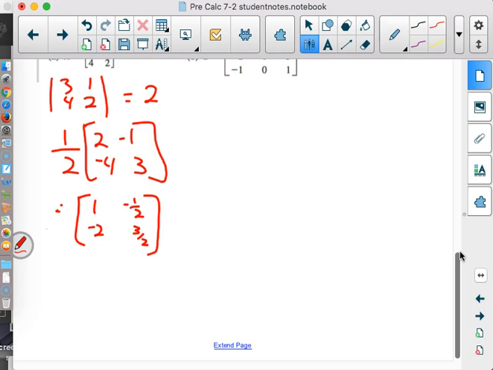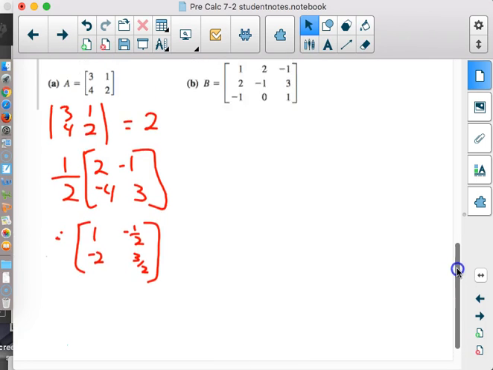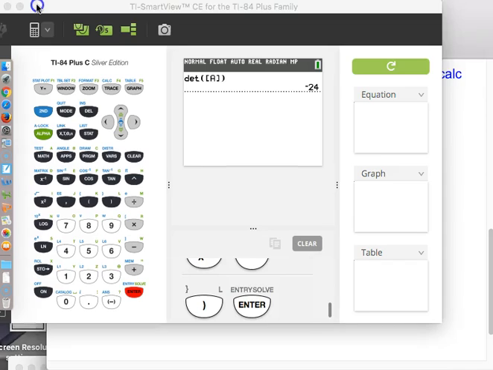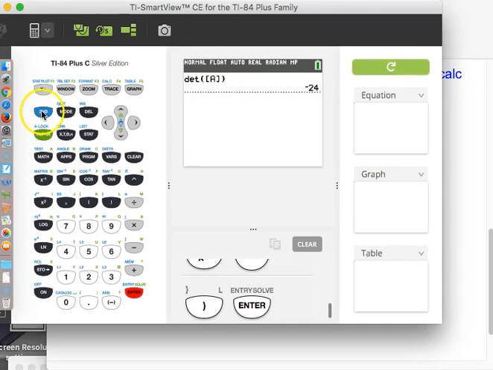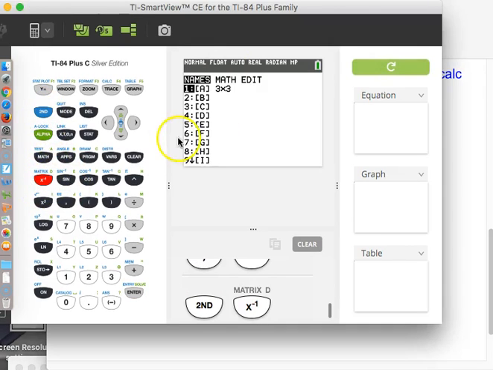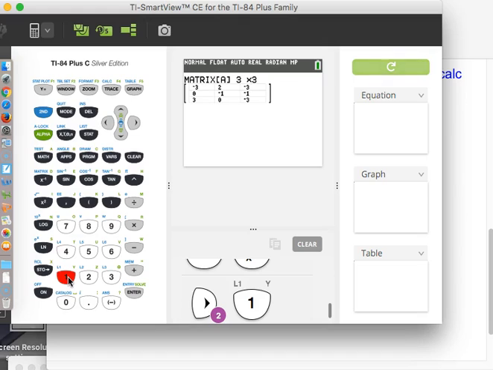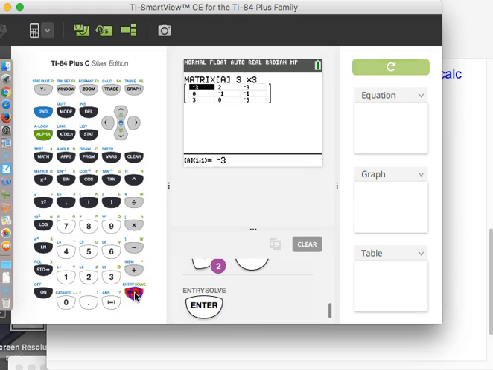All right, so I'll get back to my computer over there because we have to put in our new matrix. So second matrix, and I'm going to go right to edit, and I think I'm just going to overwrite what I already had in for matrix A, which was a 3x3.